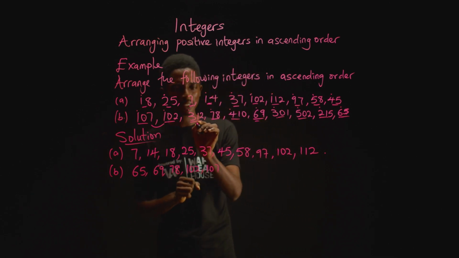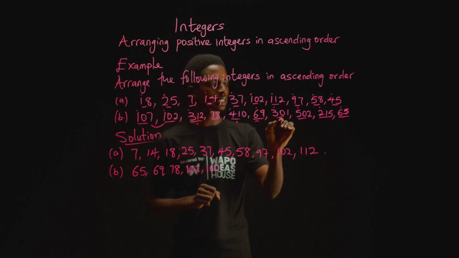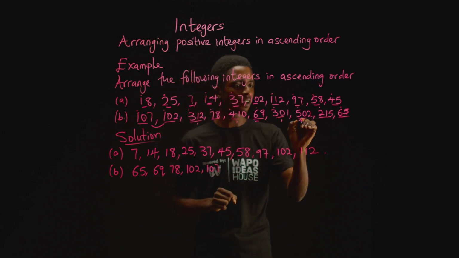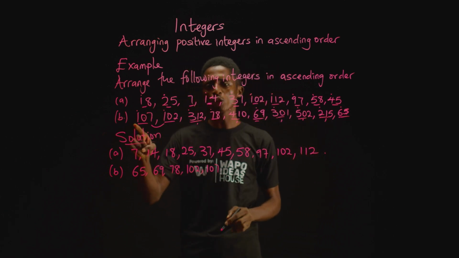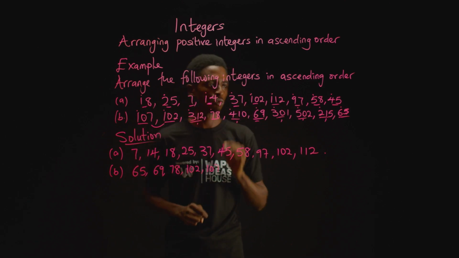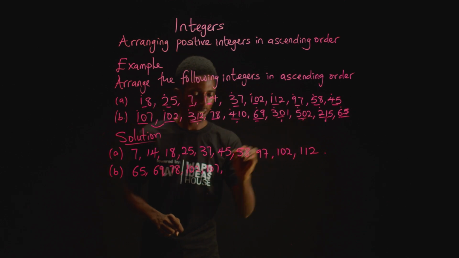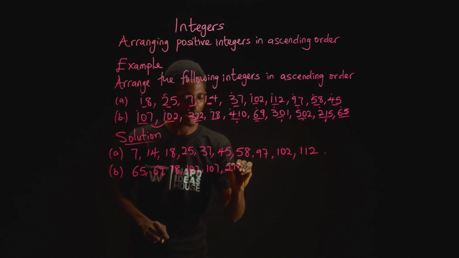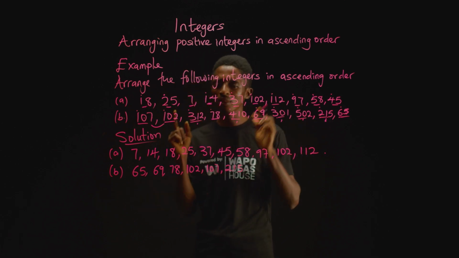Now we go to the other 3-digit numbers. We have left 312, 410, 301, 502, and 215. So after the number 1, what should come next? 2. That means the next number that follows will be 215. And after 2, we have 3.